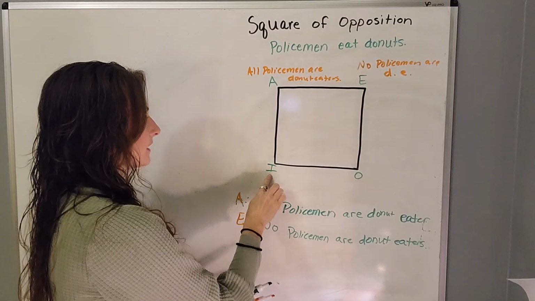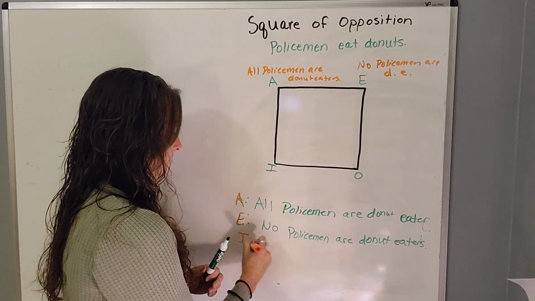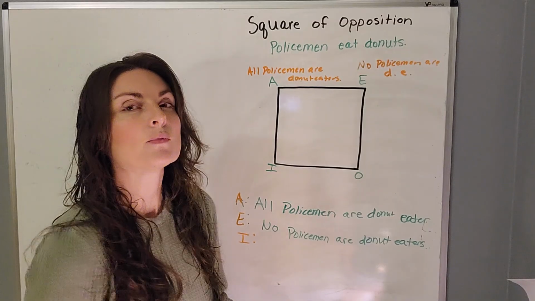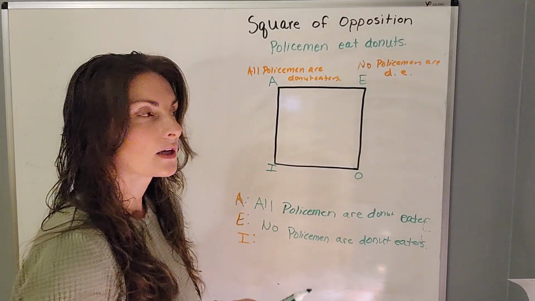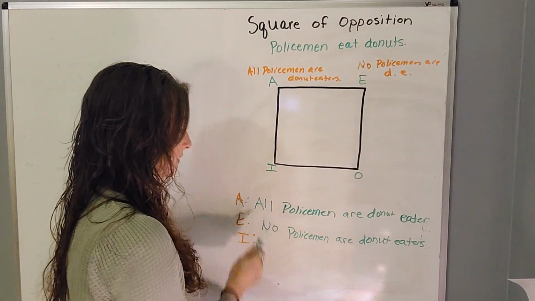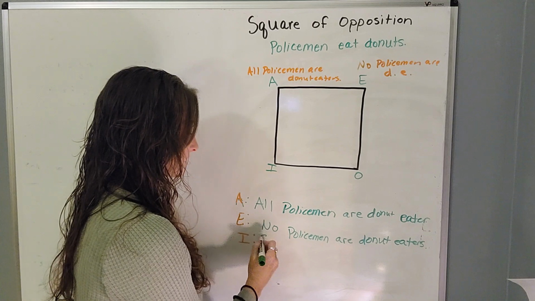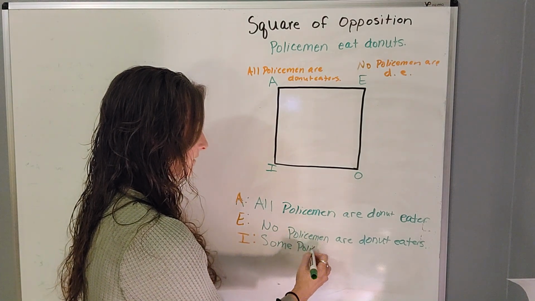All right, so now let's look at our I. Now, our I statement is some are. And I had this up on the last video. So the one down here is some are. So I'm going to replace my first word with some. I'm going to bring down the same subject.